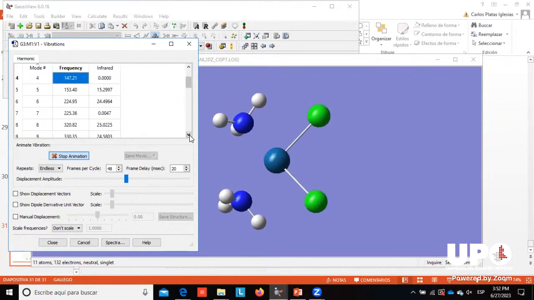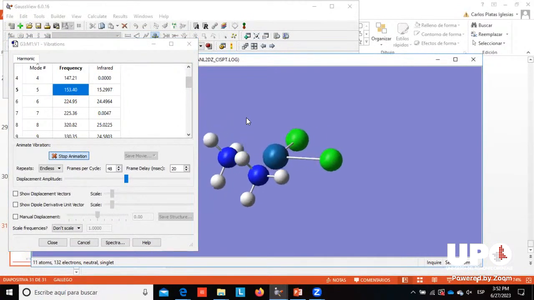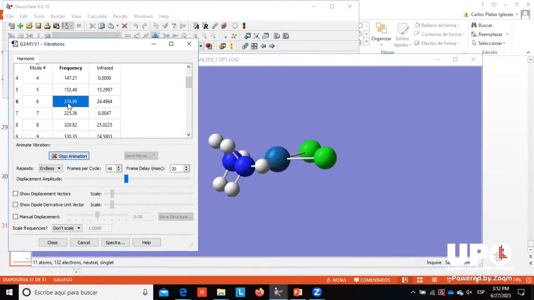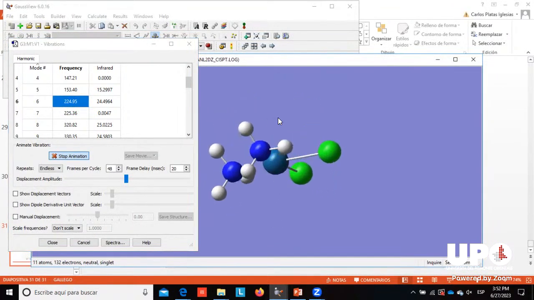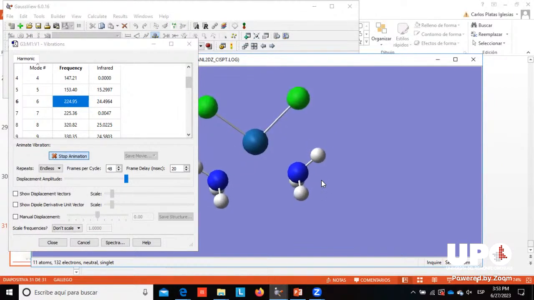So this is not what we are looking for. What about this one? No, this is also an out of plane vibration. You see that the platinum is moving up and down the plane of the donor atoms. No, that's an angle that is changing, all right?